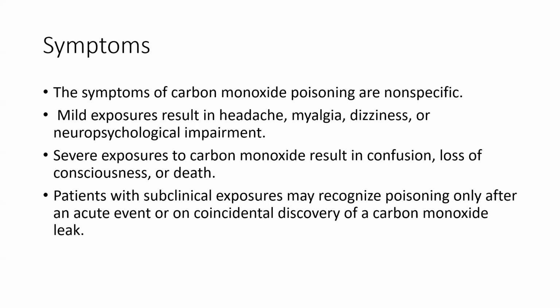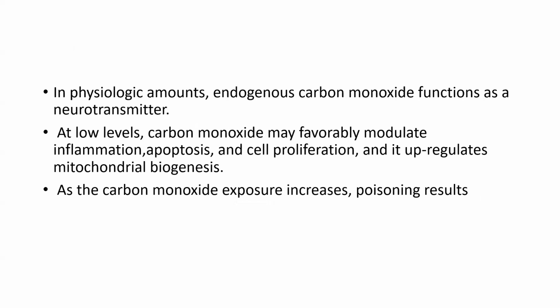Now about symptoms. Symptoms of carbon monoxide poisoning are non-specific. Mild exposure results in headache, myalgia, dizziness, and neuropsychological impairment. Severe exposure to carbon monoxide results in confusion, loss of consciousness, or death. Patients with subclinical exposure may recognize poisoning only after an acute event or on coincidental discovery of a carbon monoxide leak.